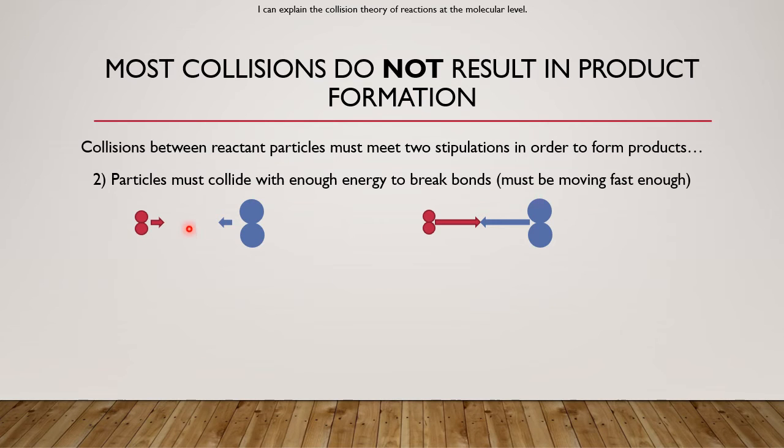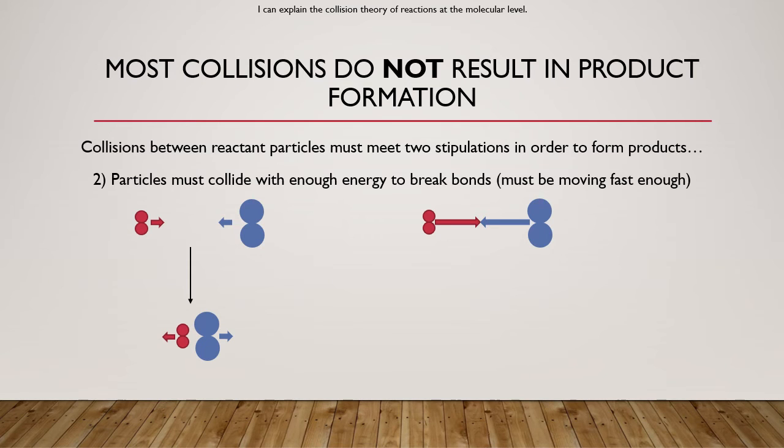So if they're not moving very fast, I'm representing that with these shorter arrows, all that's going to happen is the molecules just bounce off of each other because there's not enough energy in the collision to do anything. It's like if you just have a small bumper-to-bumper hit with your car, most likely nothing's going to happen if you're not going very fast.